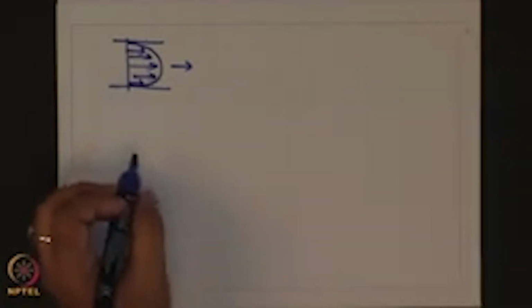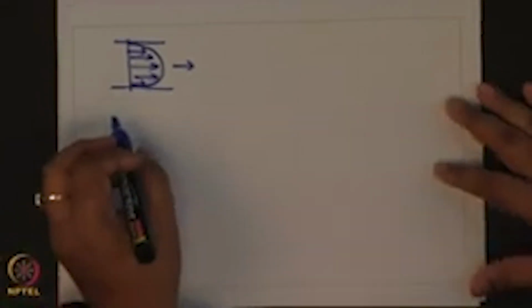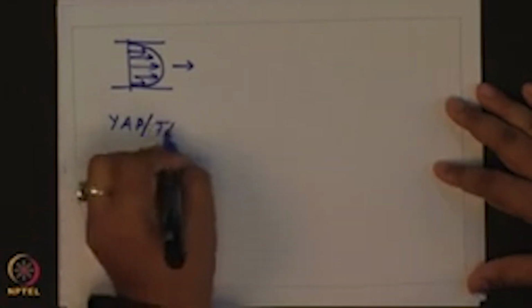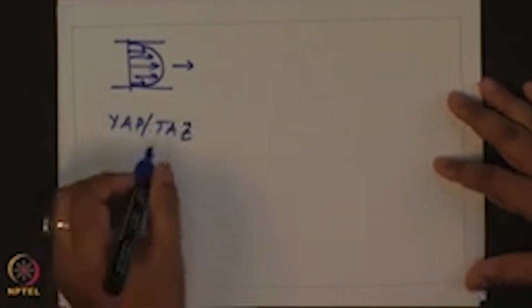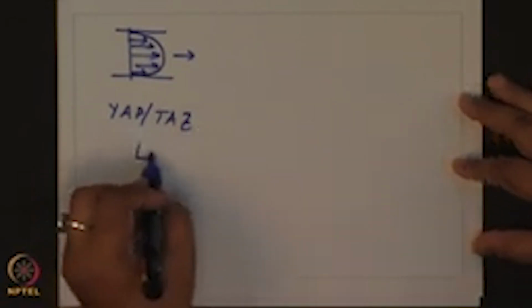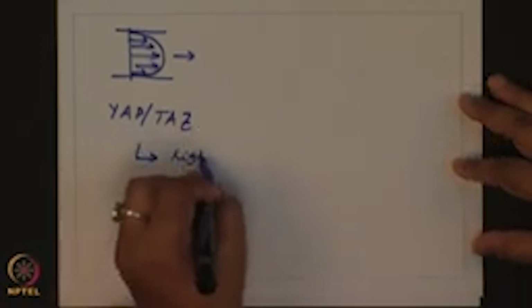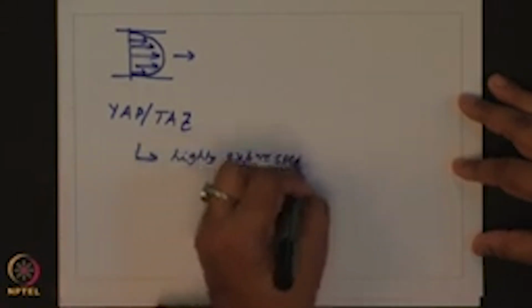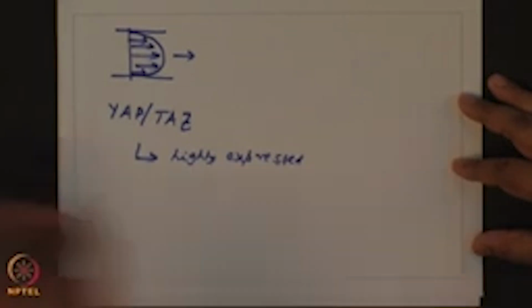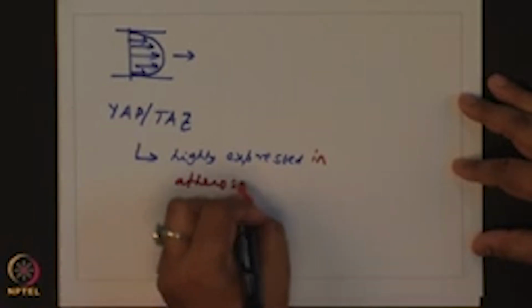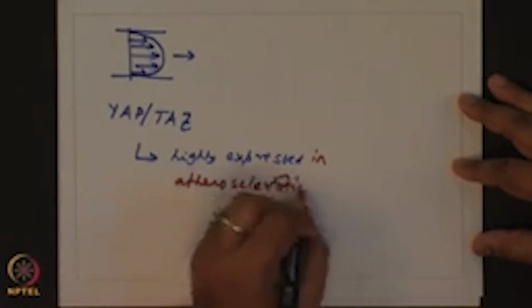Now, what has been observed is there are two transcriptional factors, YAP and TAZ, yes associated protein and TAZ. These are highly expressed in atherosclerotic lesions.